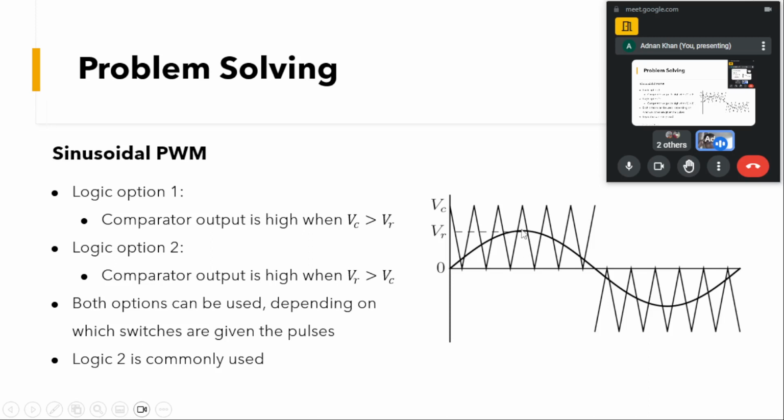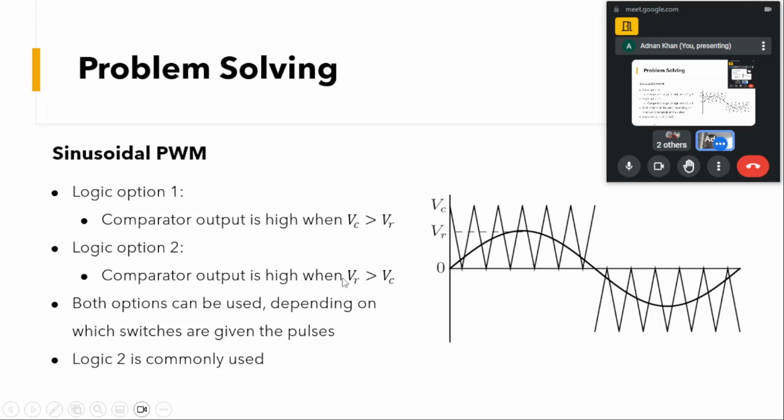This is how we will implement our logic, and the comparator can be implemented with op amps or digitally. Mainly this logic is used, when the reference wave is greater than the carrier wave. But we can have our logic the other way as well, it is all up to us. We can have our logic high when the carrier wave is greater than the reference.